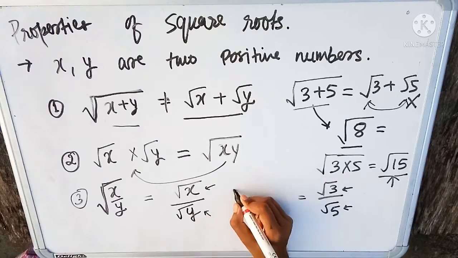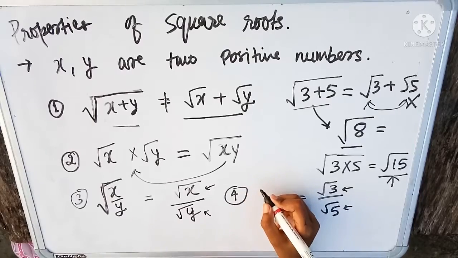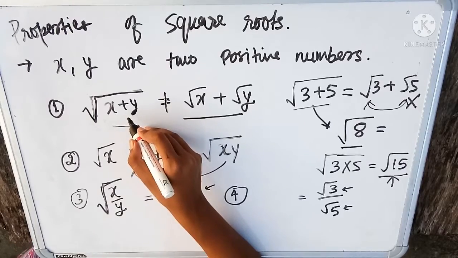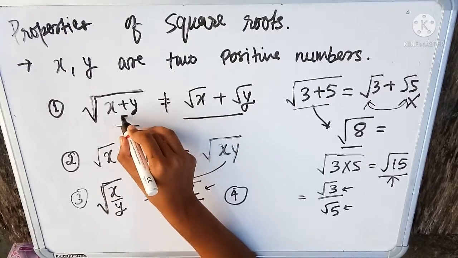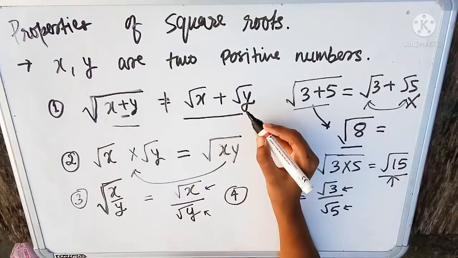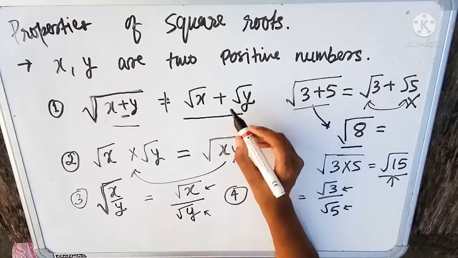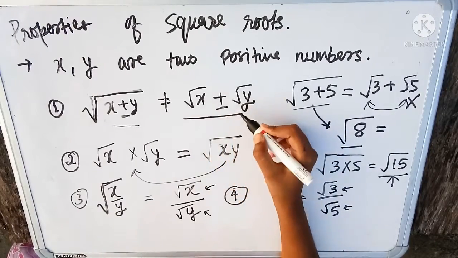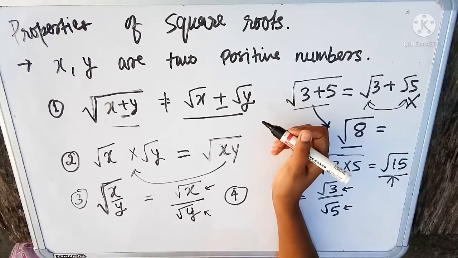The fourth property is the subtraction of two square roots. The subtraction property is similar to addition. Suppose we have the square root of x minus y. Whatever the result will be, we cannot split the term into the square root of x minus the square root of y.